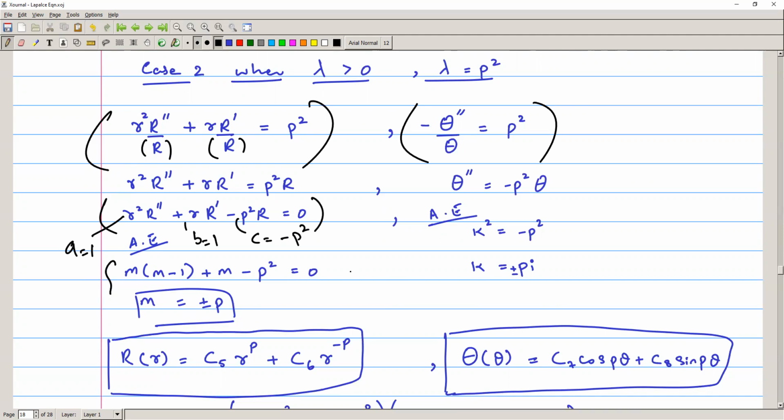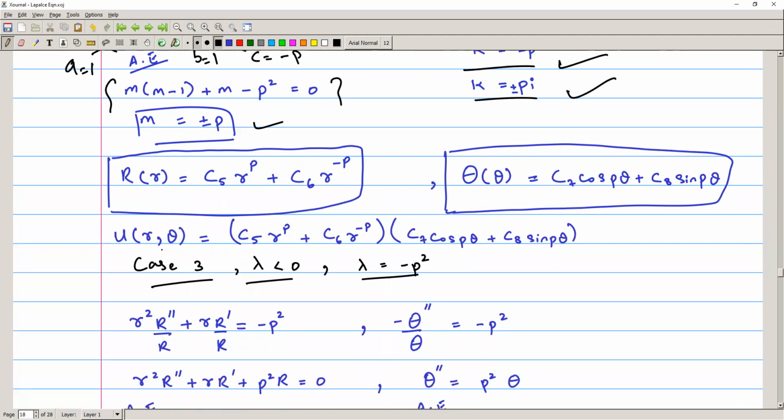So we can write the auxiliary equation in this form: m into m minus 1 plus m minus p squared. From here we can see that m is equal to plus or minus p, and for theta we have Theta'' equal to negative p squared.